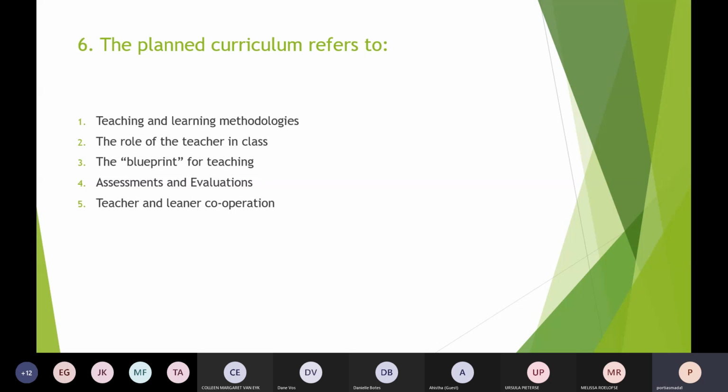Colin? Mandy, why do you think it's number 3? Why do you think the planned curriculum refers to the blueprint for teaching? Danae?